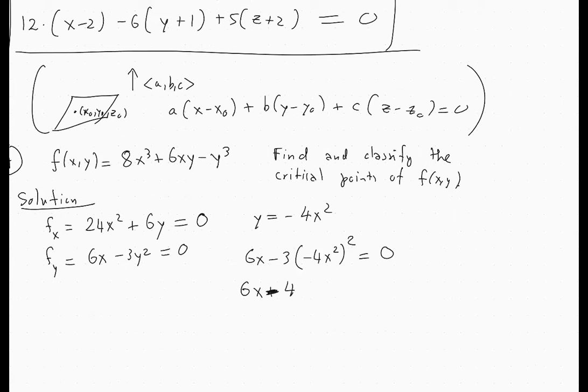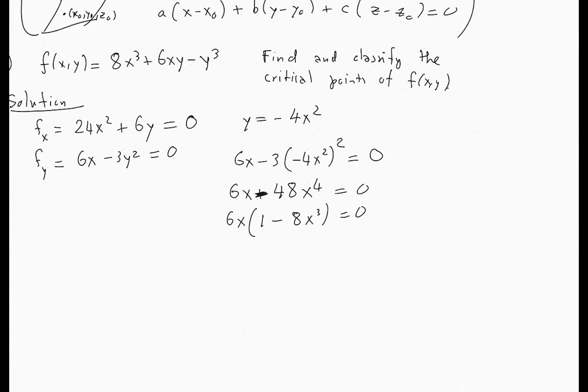Factor out 6x, that will give you 1 minus 8x cubed is equal to 0, which means that x is 0, or 1 is equal to 8x cubed, which means that x cubed is equal to 1/8, which means that x is equal to 1 over the cube root of 8, also known as 1/2.